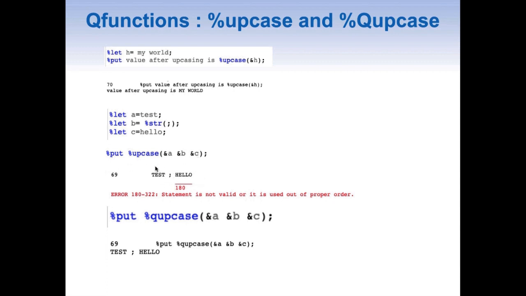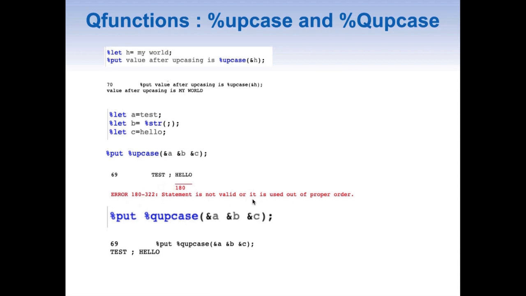Once we run this %put statement, this is the result we see in the log. In here we see that &a value test is upcased, and also &c value hello is upcased. But we also see an error. The error is because whenever we start our %put statement, it ends with a semicolon. Because &b is a semicolon, our put statement ends in here, and hello seems to be something which is not related to this %put statement.